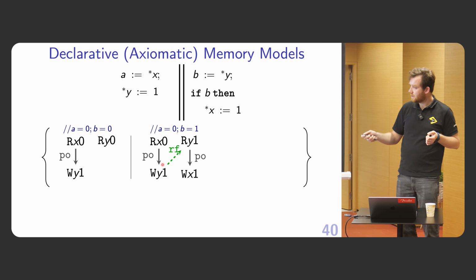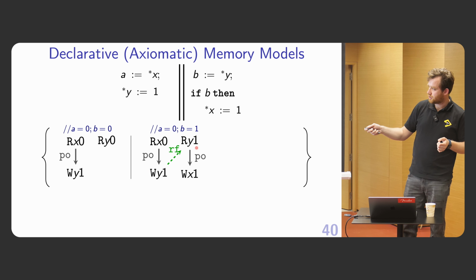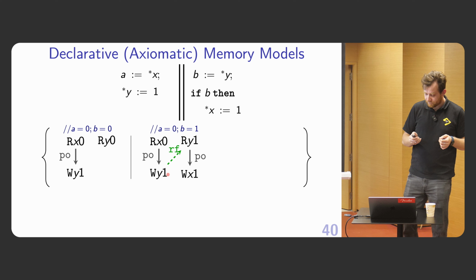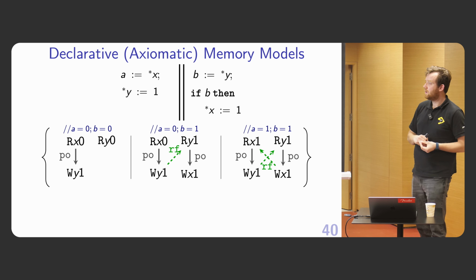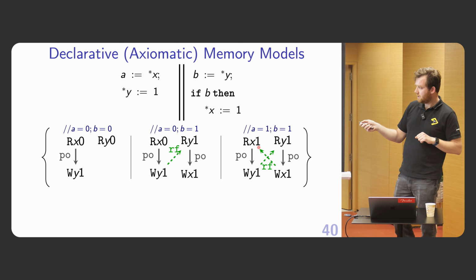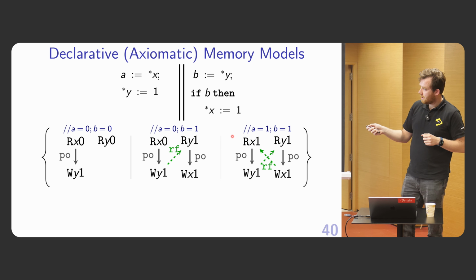If we have this edge between a read and a write, then they should access the same location and read and write the same value. The third graph for this program corresponds to the execution A equal to 1, B equal to 1. So here we have this Rx1, which reads from Wx1, right?